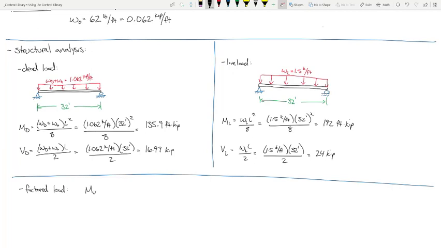So Mu is 1.2 M dead plus 1.6 M live. I think that's 470.3.